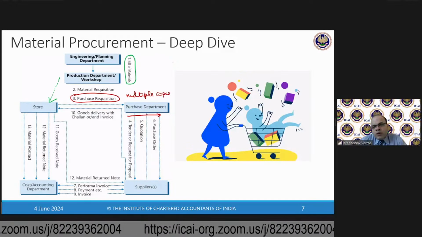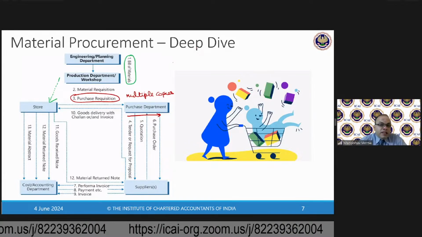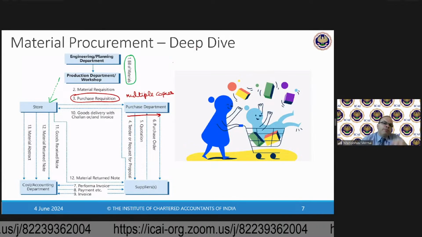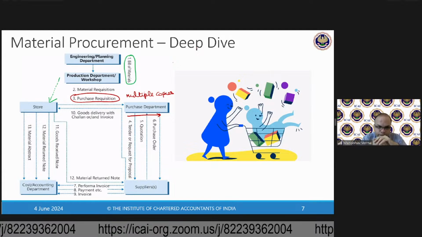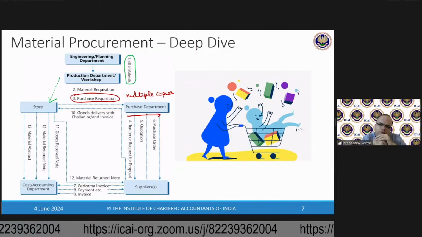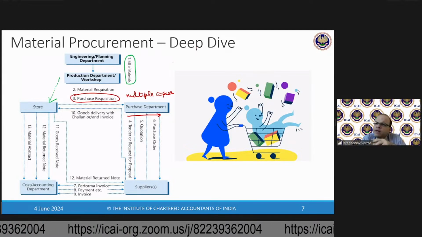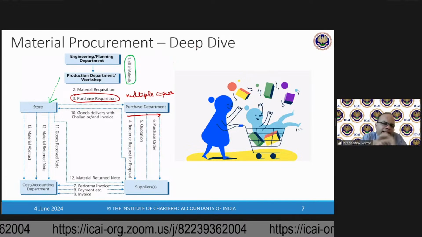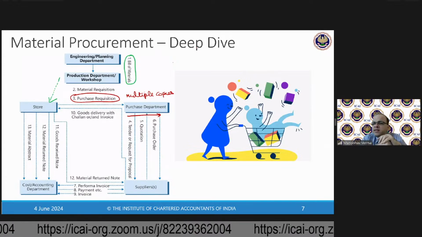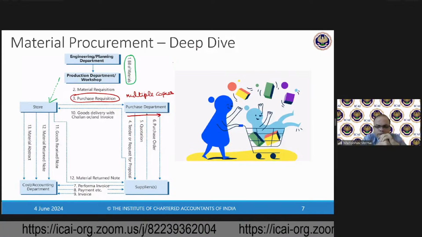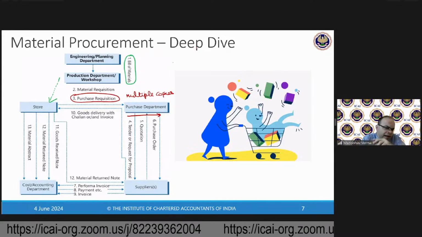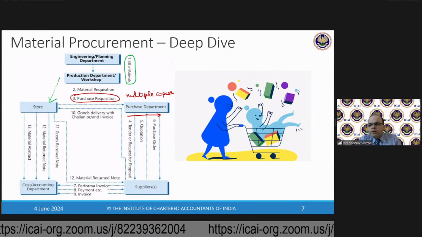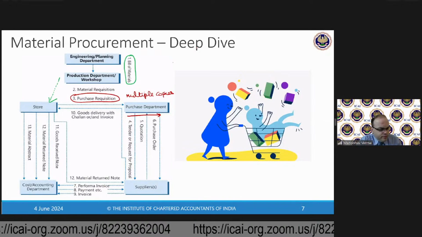For example, I'm talking about this from a purchase order perspective. There will be multiple copies of a purchase order, but why do I need multiple copies? For whom do I need multiple copies? Let's hear from you guys. For what purpose would I be needing multiple copies of a purchase order?